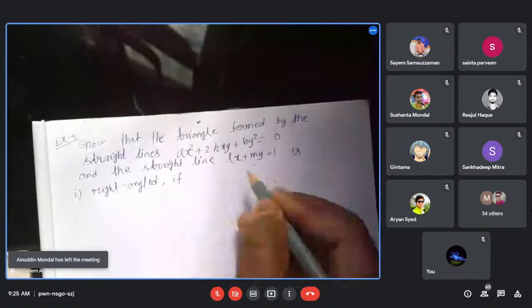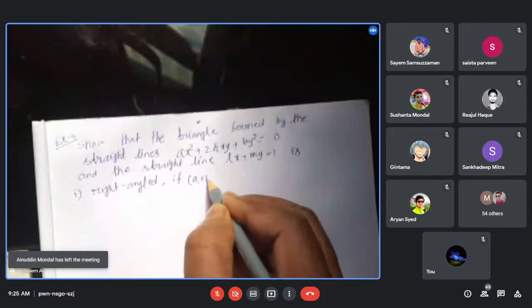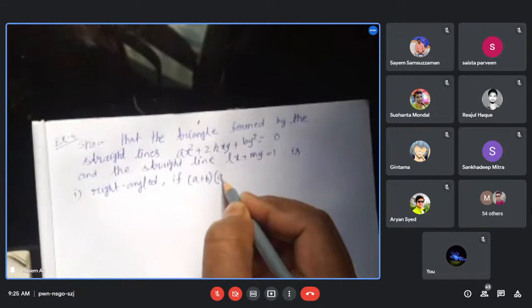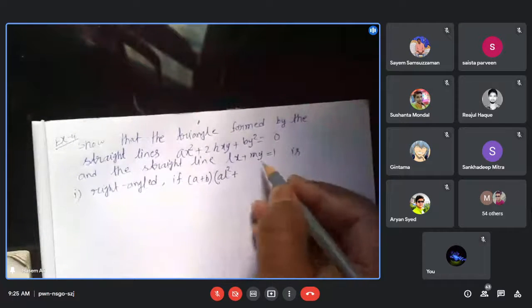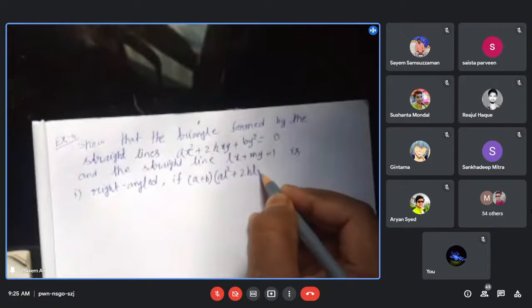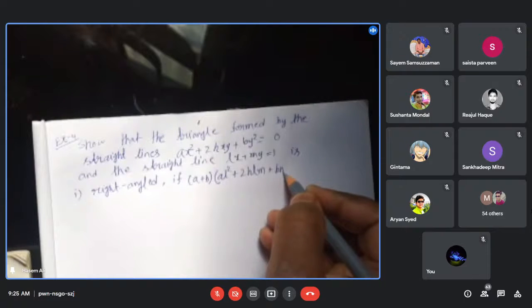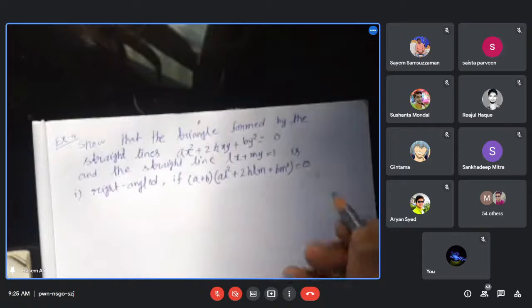if (a plus b) into (a l square plus 2h lm plus b m square) equals to 0.